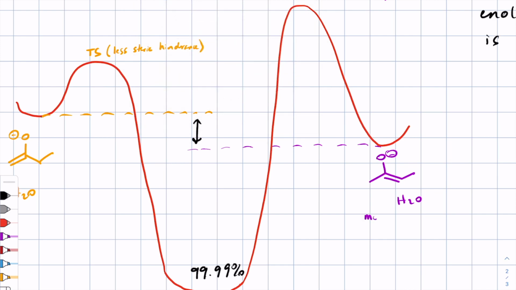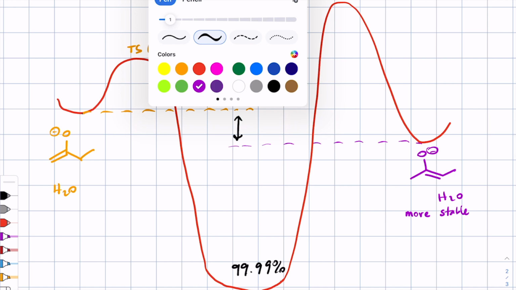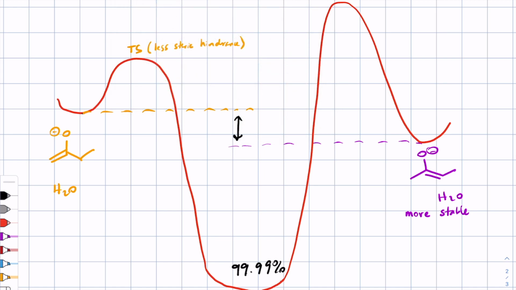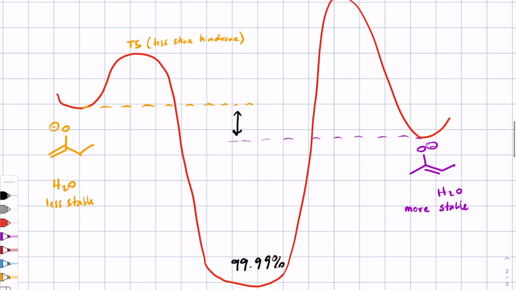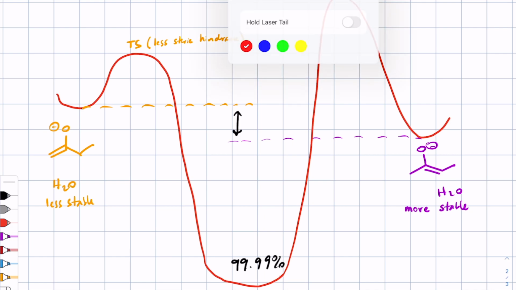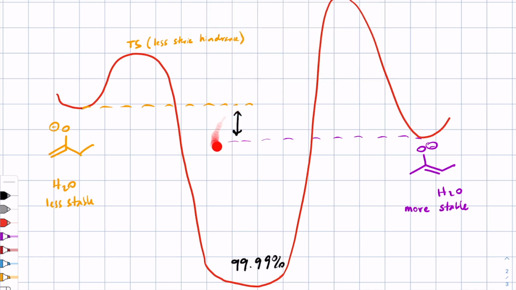So we've got two different things at play. We've got stability. The purple enolate is more stable, but the pathway that leads to it is a little bit higher in energy. The orange enolate is less stable, but the pathway that leads to it is lower in energy. Okay? So you've got two energy differences to consider. Energy differences between these intermediate wells.